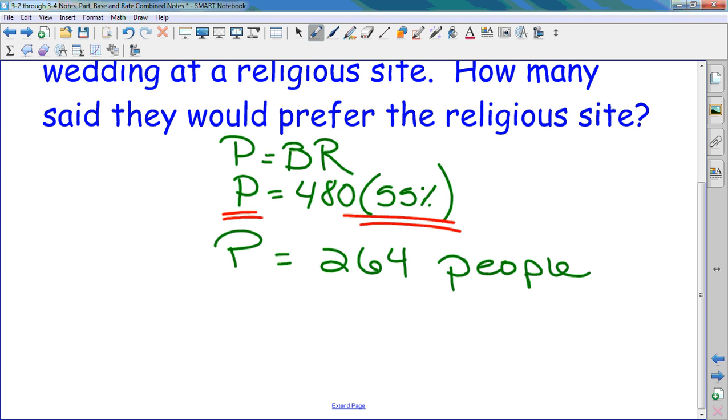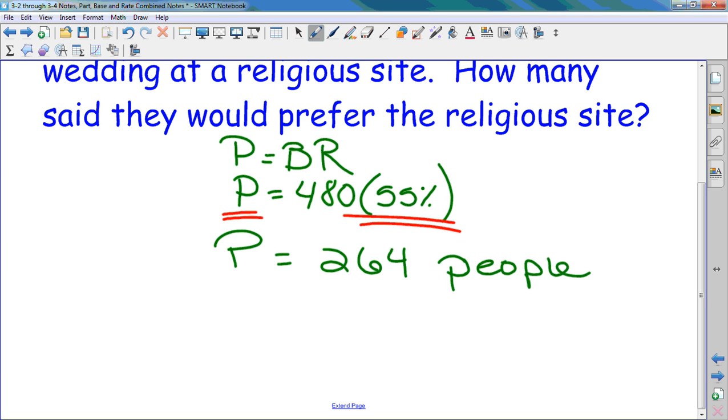For example, in this problem, the part is the number of people that prefer a religious site. The rate is the percent of people that prefer a religious site. Do you understand? If the question up here said, how many people prefer a non-religious site?